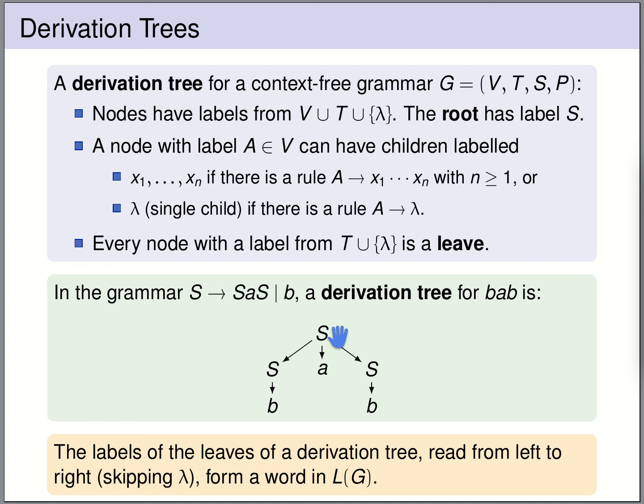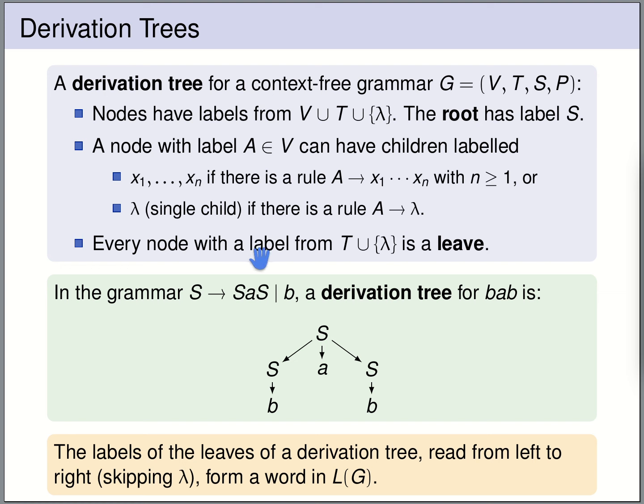So in this case the parent is S, and these children form the right-hand side of a rule for S. And likewise this B is the right-hand side for a rule from S. S can rewrite to B. And if we would, in this grammar we don't, have a lambda rule, S rewrites to lambda, then we could also have that lambda is a child of a node labeled with S.